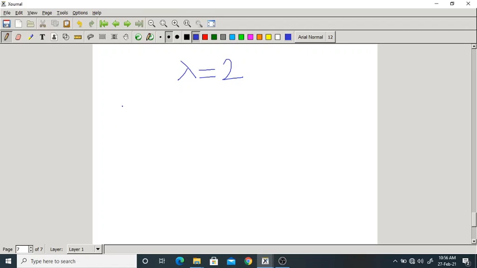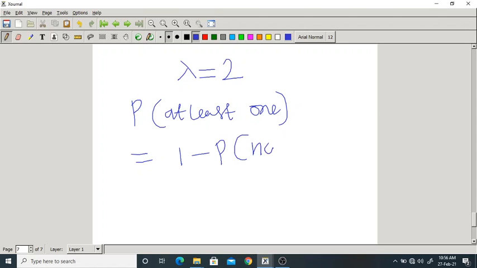Now, what are they asking? Probability that there is at least one accident. You know already, probability of at least one can be written as 1 minus probability of none. No accident.